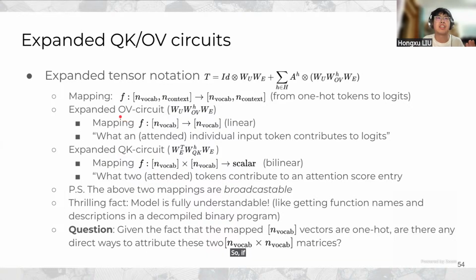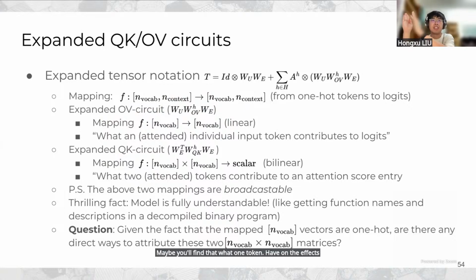So if we inspect a specific row or column of the OV circuit, and we don't care whether row or column, that is just a transpose operation, we will find what effect one token has on the logits.